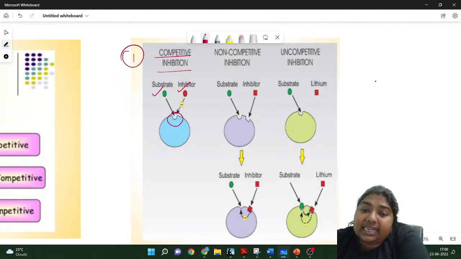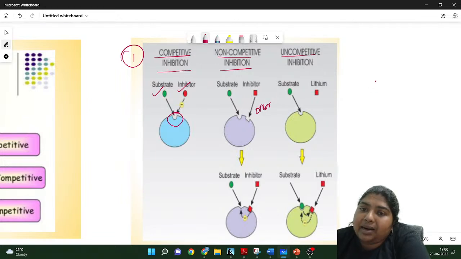Whenever it is binding at a site other than the active site, then it is called non-competitive inhibition. So this is going to be some other site, right?